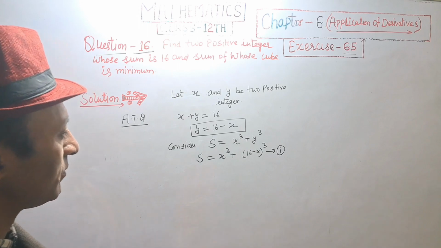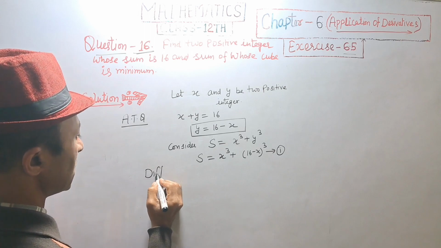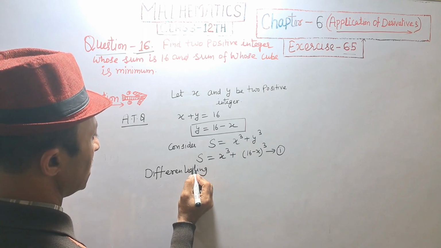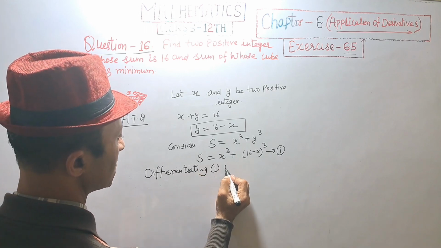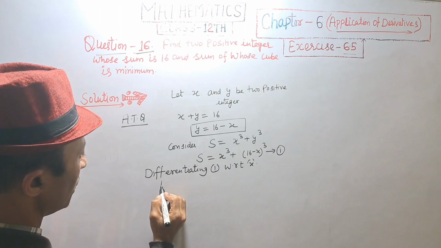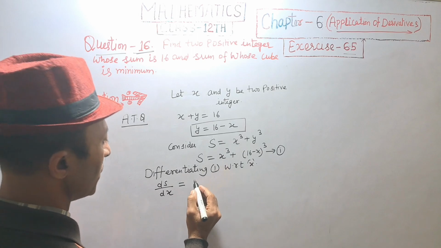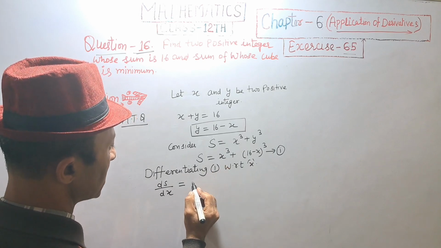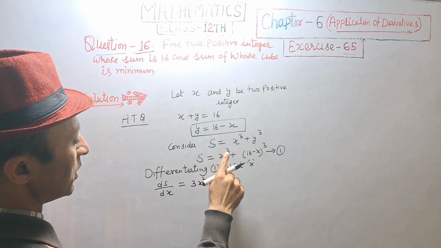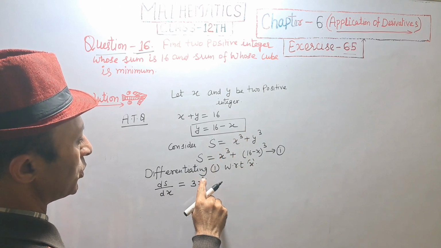And we are differentiating with respect to x. Differentiating first with respect to x, we get dS upon dx is equal to d/dx of x cube is equal to 3x raised to power 2. n x raised to power n minus 1 means 3x raised to power 3 minus 1 is equal to 2.